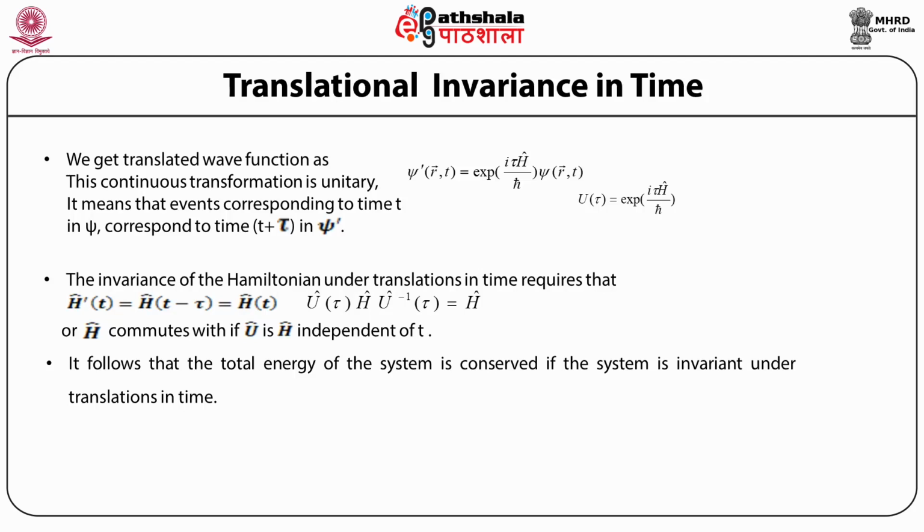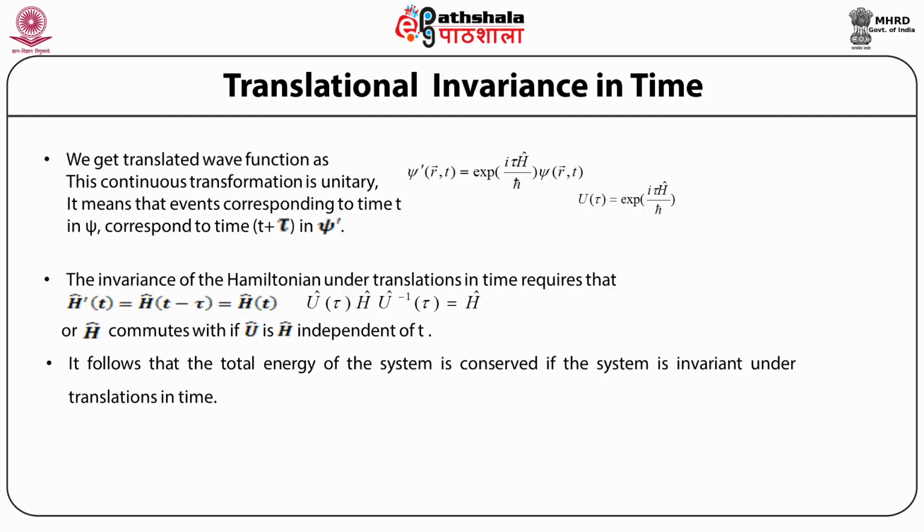That is, using the transformation operator U tau, we can write operator U tau times Hamiltonian operator h times operator U inverse tau is equal to the Hamiltonian operator h, or the Hamiltonian operator commutes with the transformation operator U if the Hamiltonian operator h is independent of time. From the above equation, it follows that the total energy of the system is conserved if the system is invariant under translations in time.